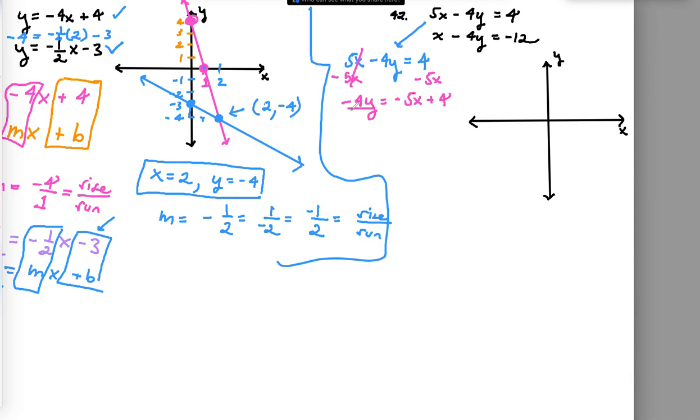Then I divide by negative 4 on both sides, everywhere, because I'm solving for y. Negative 4 divided by negative 4 is 1. I get y equals negative 5 over negative 4, which is positive 5/4 times x, and then positive 4 divided by negative 4 is negative 1.